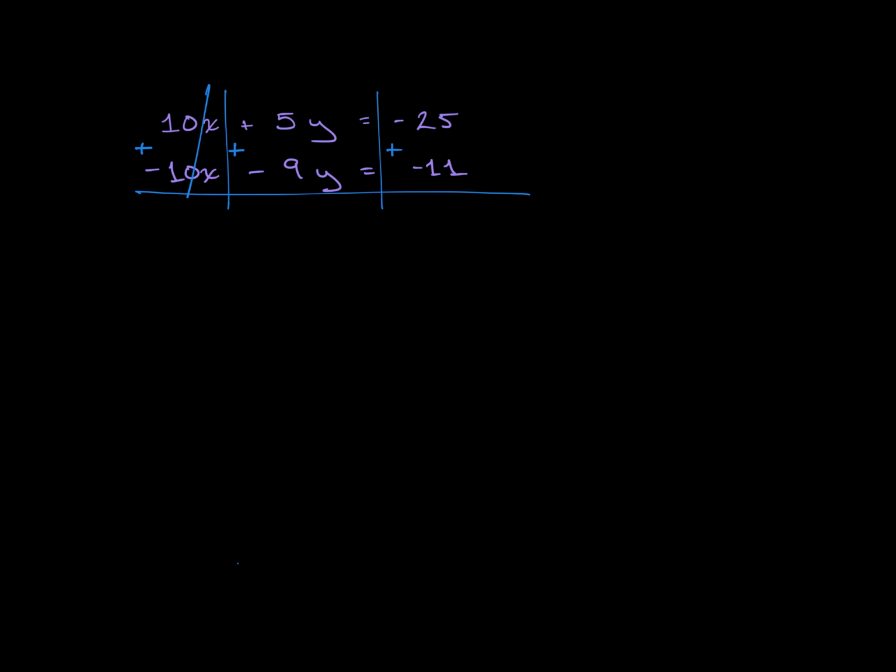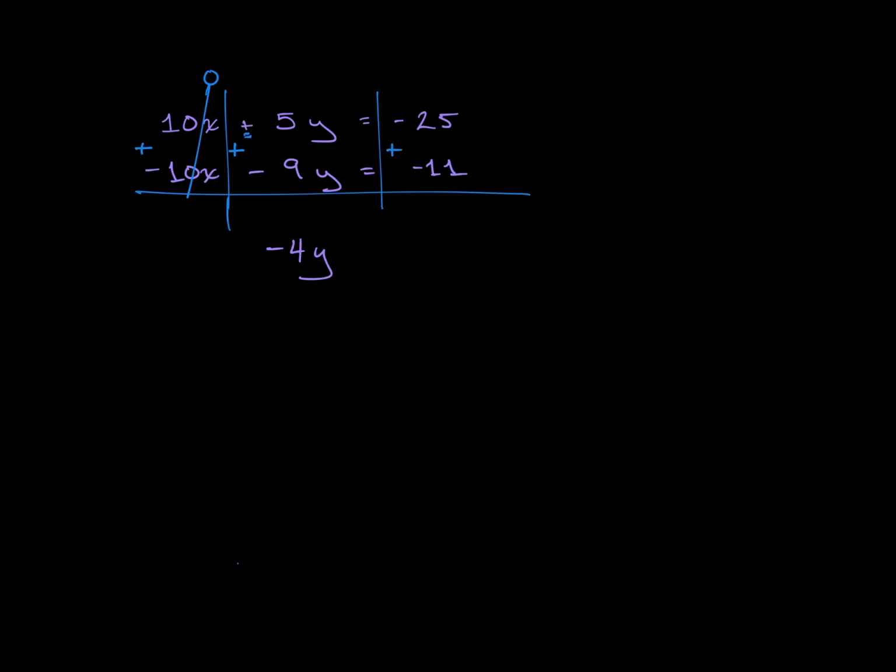I can cross them out, but I like to put a little 0 at the top just to remind myself. Now I do positive 5 plus negative 9, and positive 5 plus negative 9 becomes negative 4y.